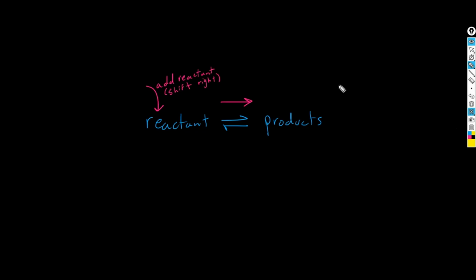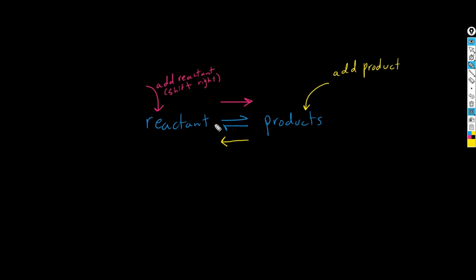If we instead add product to the equilibrium, then Le Chatelier's principle says that we want to use up the product. If we increase the concentration of the product, the reverse reaction is going to take over.